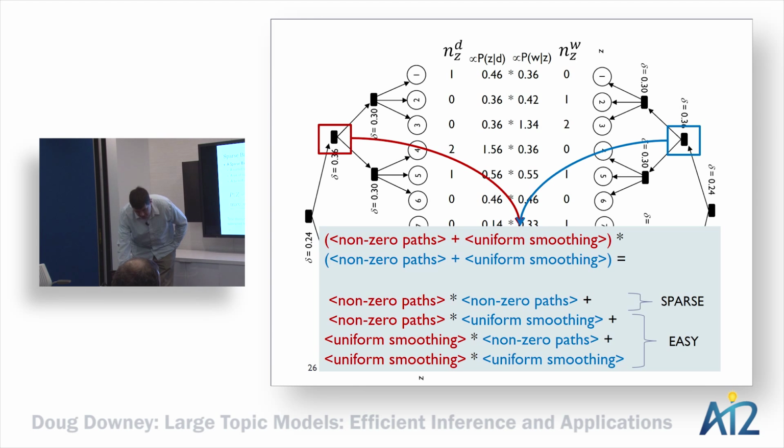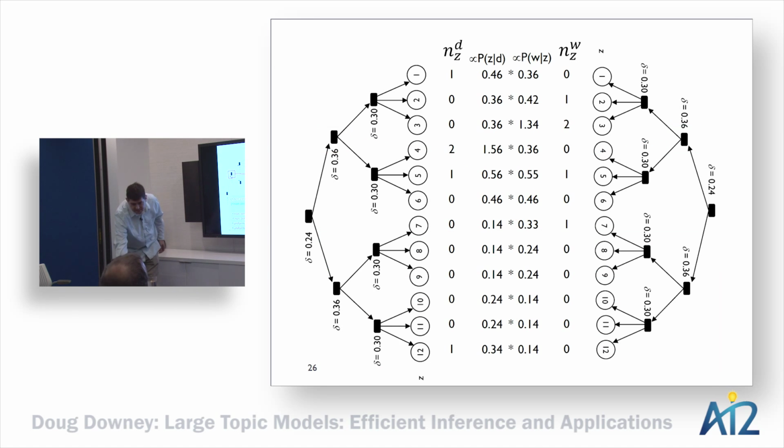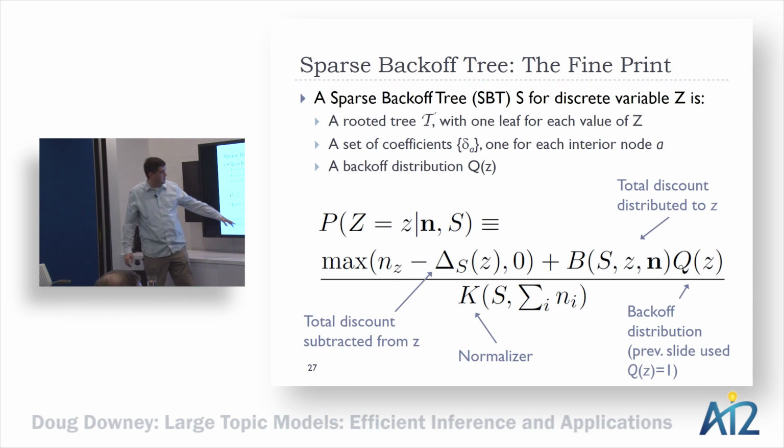Okay, so there's a little bit of fine print, and I'm not going to talk about it, but we did have to do some work. Just to get to this point, where there are 2 sparse Backoff trees, like the one I showed you, where it's uniform smoothing across all these nodes, we had to do a little bit of sleight of hand. And that's what this is.